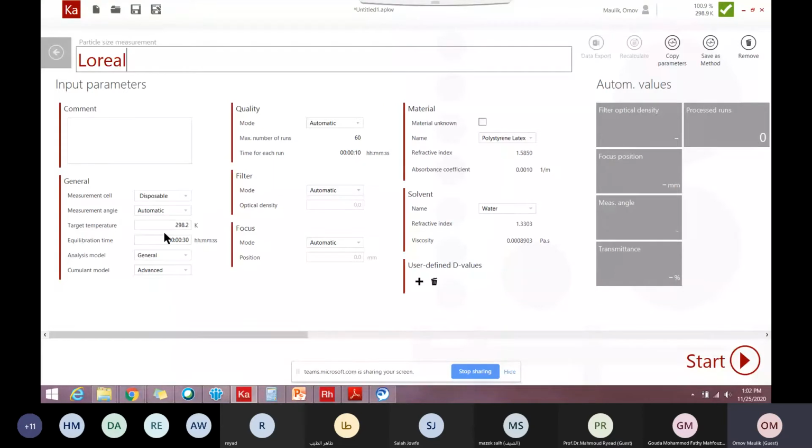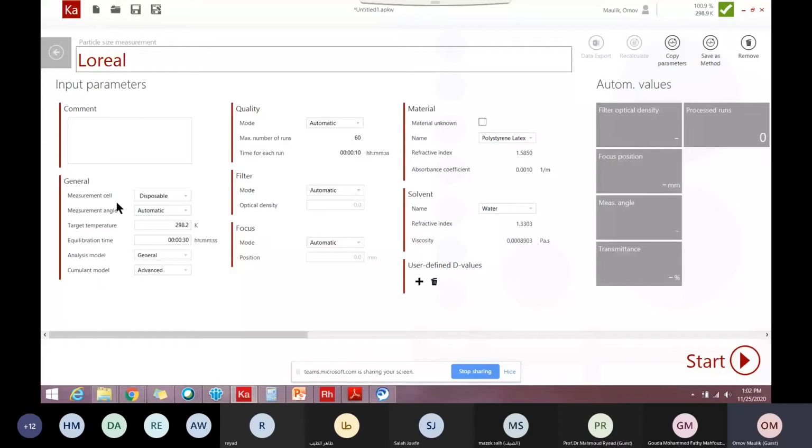As far as the parameters are concerned, as I have shown you, we are using a disposable cuvette right now. The angle of measurement, whether we want a forward angle, backward, or side angle, is to be decided by the instrument.